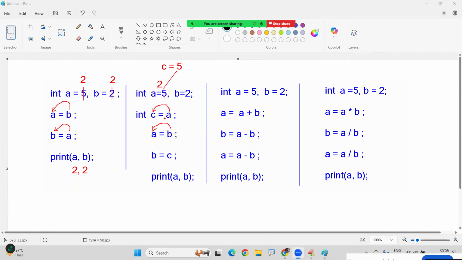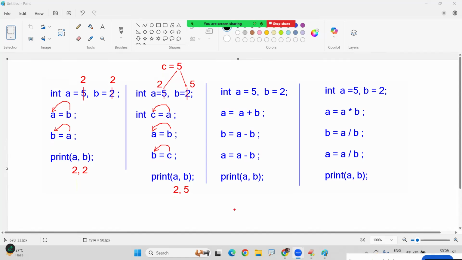Now c value you are storing into b. What is that c value? 5. You are storing into b. So output is 2 and 5. Output is 2 and 5 for the first one.